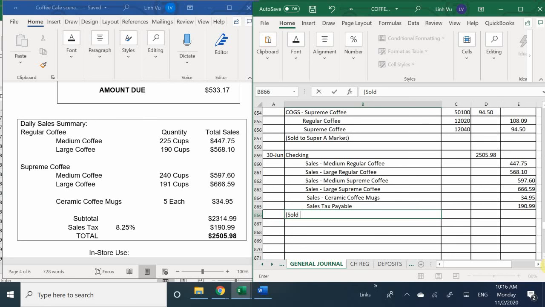It's coffee. It's regular coffee, supreme coffee, and ceramic coffee mugs. Right, but what's so significant about this transaction? Why is it different from every other transaction? Why in the world do we need to charge sales tax? Because that's our inventory, our daily sales summary. Daily sales summary. Okay. Good. I'll take that.